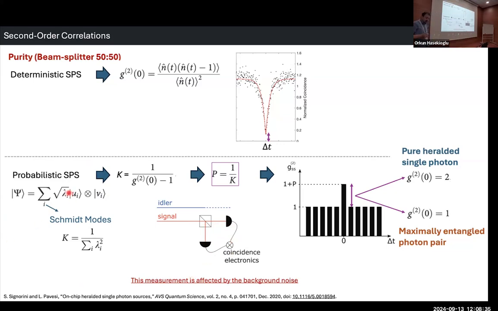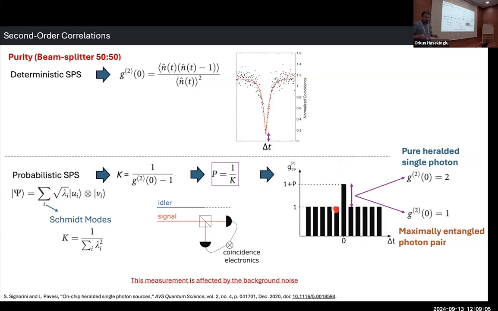What you actually get from this probabilistic photon source is usually this multi-photon or multi-mode behavior, what we call Schmidt modes. So when you observe this, instead of anti-bunching behavior, you see bunching behavior.